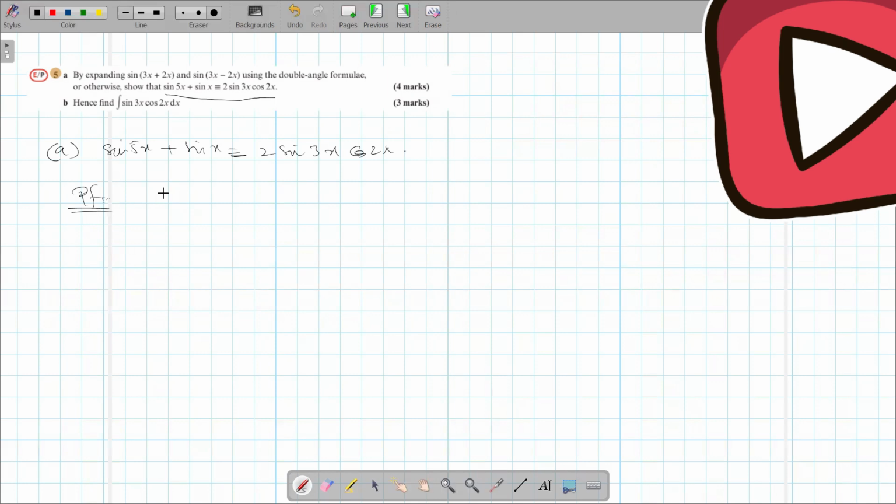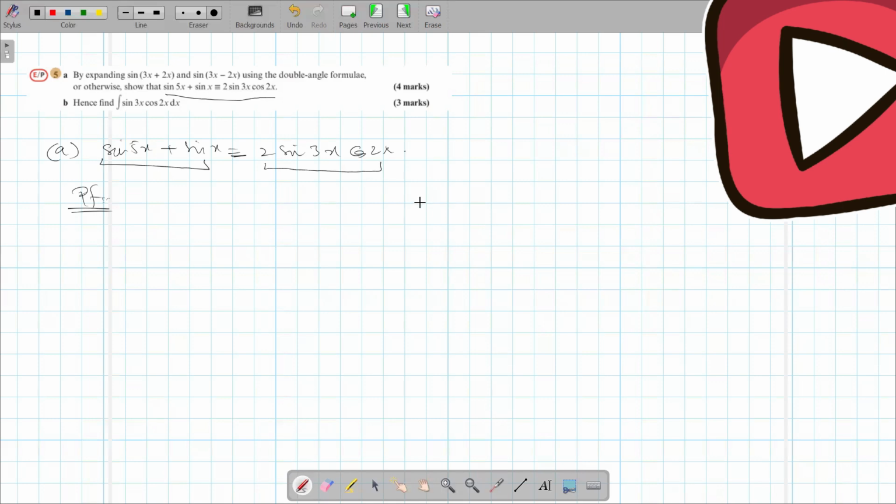What does it mean by expanding? He says that by expanding you can prove it. Or 3x plus 2x is just 5x, isn't it? When we convert sum into product, we use these identities. On the left hand side there is a sum of two sine functions, and on the right hand side there is a product.